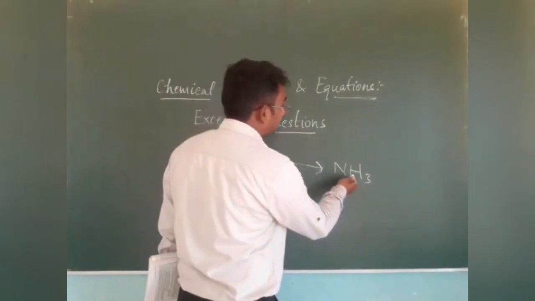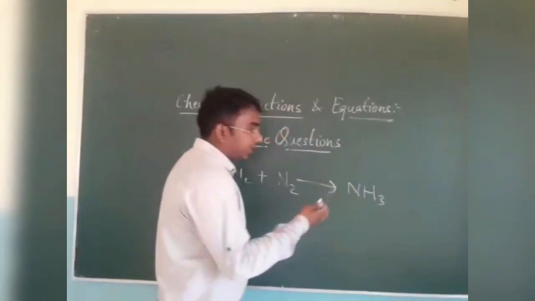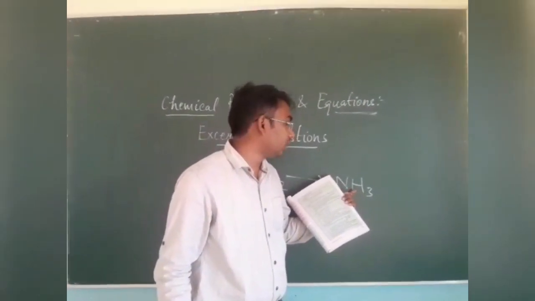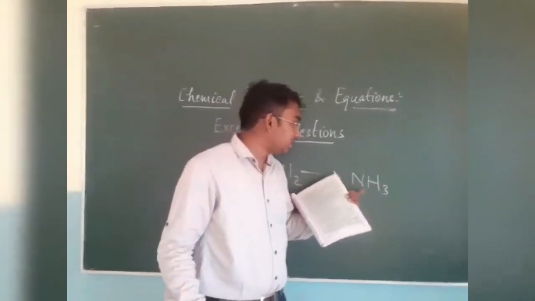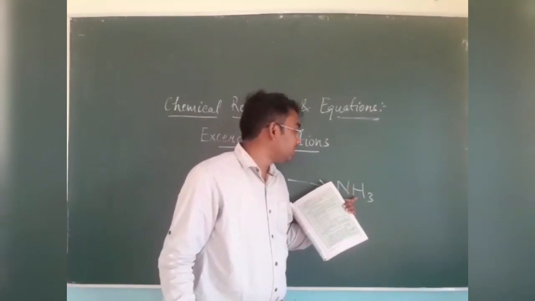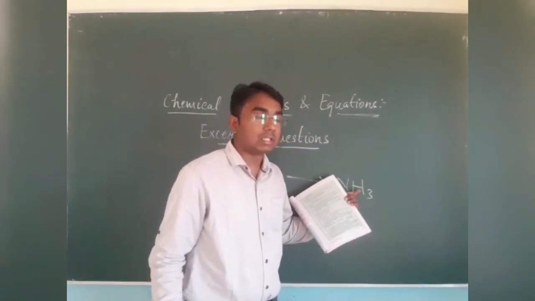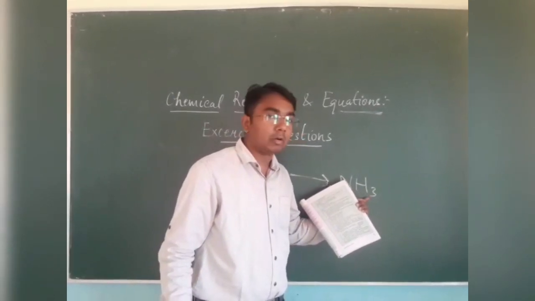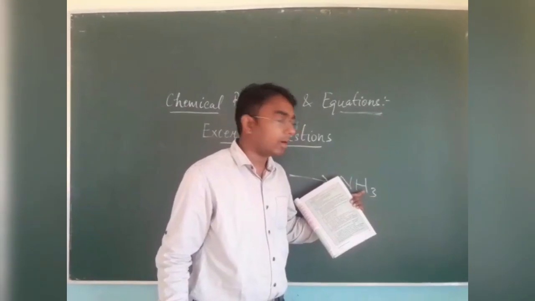Clearly NH3 is the species with the maximum number of atoms, and in that species the maximum number of atoms belongs to hydrogen, therefore we will start with the balancing of hydrogen.